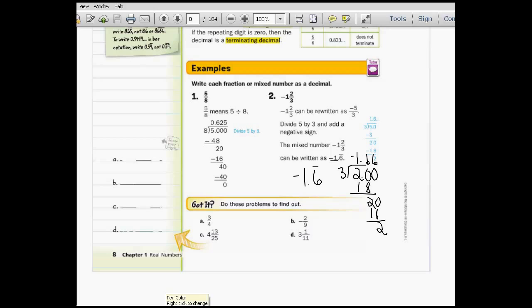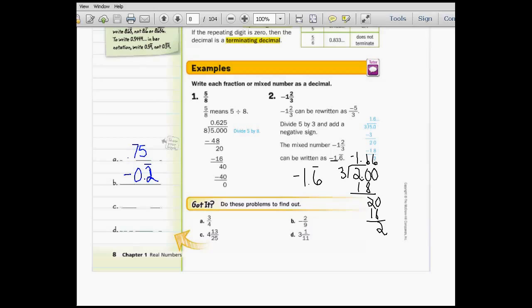So hopefully you're back by now and you've tried them and you've had success. For A, you should have 0.75. For B, you should have negative 0.2 repeating. That's a 2, and the 2 repeats.